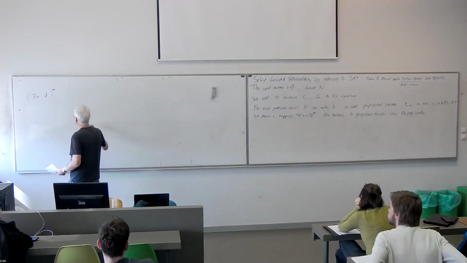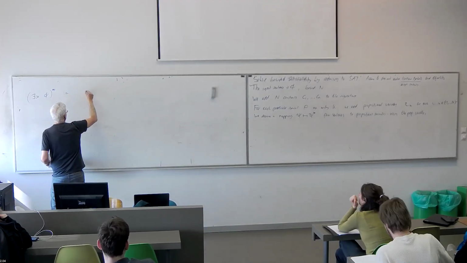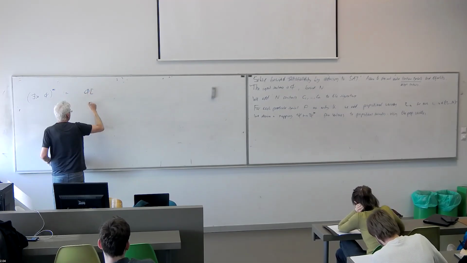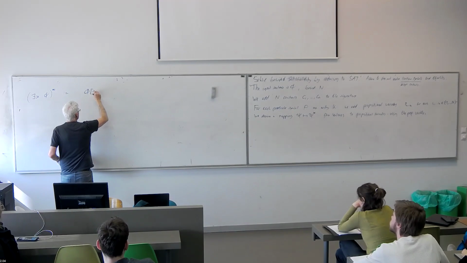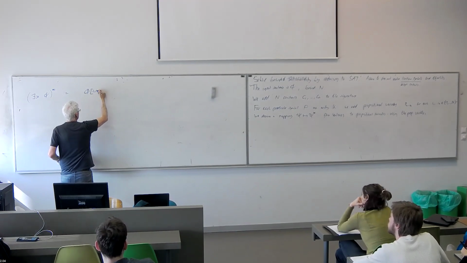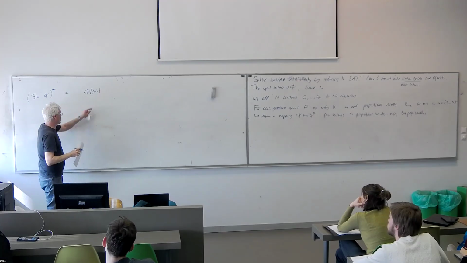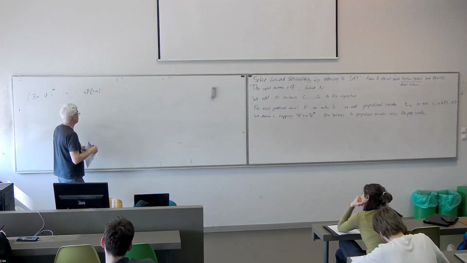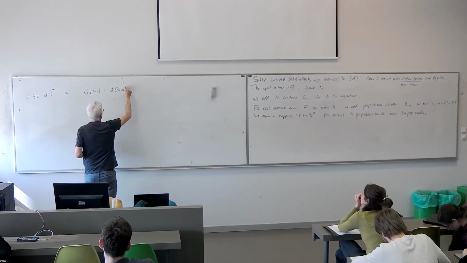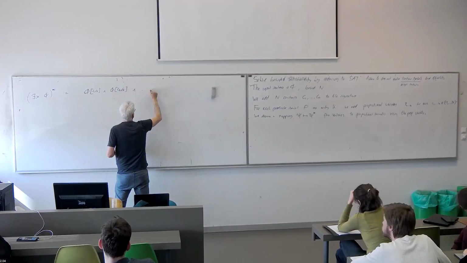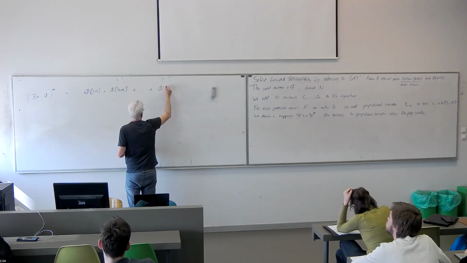So what we do is we consider the sentence phi where we replace x with the constant C1, and the sentence phi where we replace x with the constant C2, all the way up to the sentence phi where we replace x with the constant Cn.